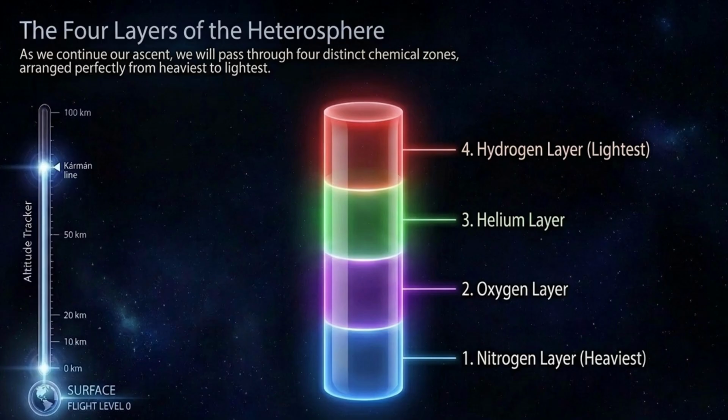Above this is the atomic oxygen layer, where oxygen becomes the dominant gas. The third layer is the helium layer. Finally, at the highest level shown here is the hydrogen layer. Therefore, from the lower to higher level, the four layers can be remembered as molecular nitrogen layer, atomic oxygen layer, helium layer, hydrogen layer.